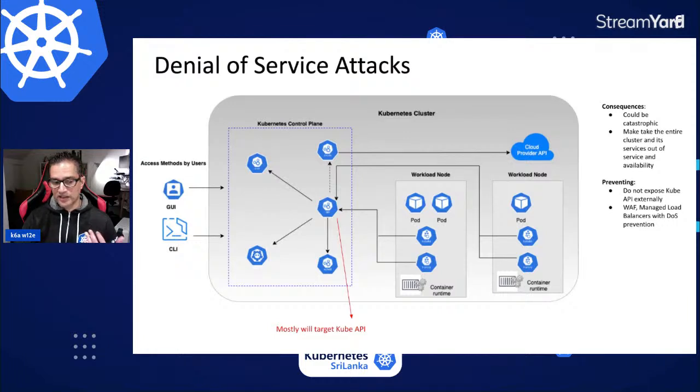And the reason I'm saying catastrophic is your cluster may have 100 nodes, or 5 nodes, but it could have services that are connected in other clusters that have no Kube APIs externally exposed. And a hacker could potentially, the denial of service could go into some of those services as well, right?